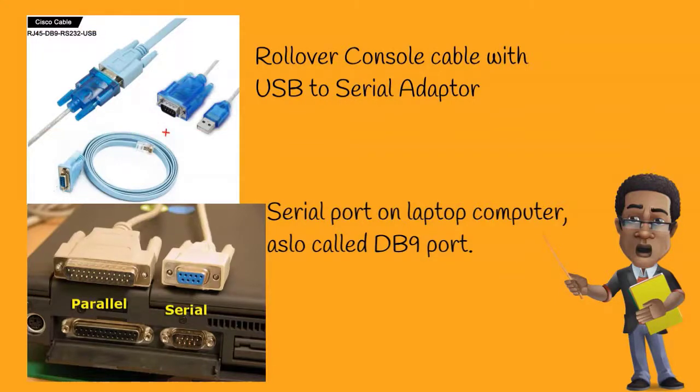And then there's an older serial port on a laptop shown here, which is using what we call a DB9 connector. So the DB9 connector on the older laptops would allow us to connect to the router or the switch. Today, the newer model switches anyway, come with a USB console connector.